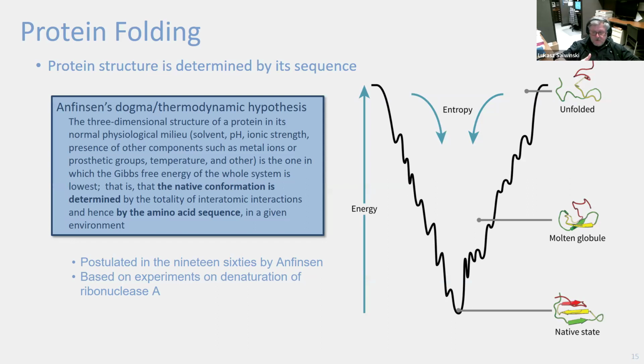Anfinsen ran a series of experiments where he was able to start with the purified active ribonuclease. This is one of the molecules that you saw yesterday as examples of protein structures. He was able to denature it, to unfold the protein. This is typically done by adding either urea or guanidine chloride.